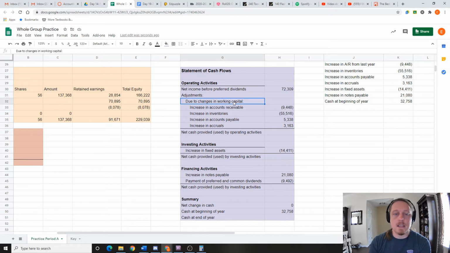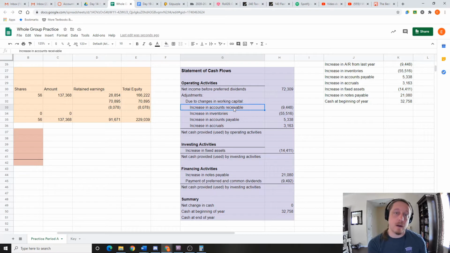So due to changes in working capital, which you'll see why this is here in just a second, we might have had something happen to our accounts receivable. Remember, accounts receivable is an asset, but it's an asset that we haven't actually gotten yet. It's owed to us.